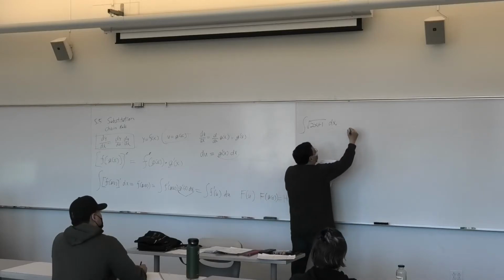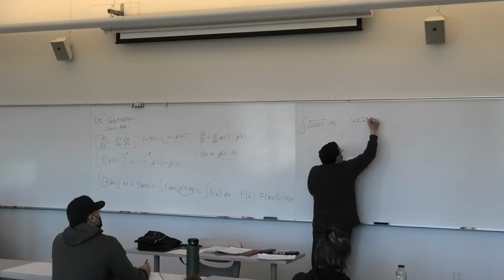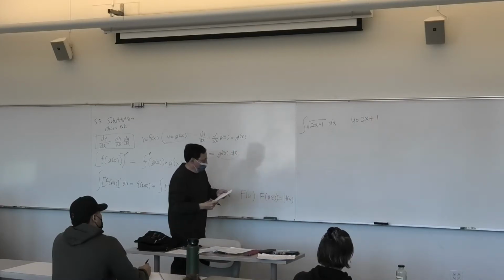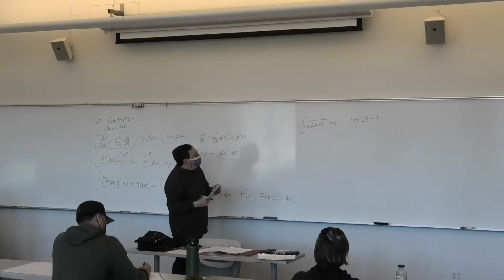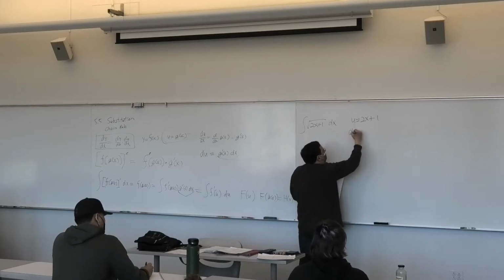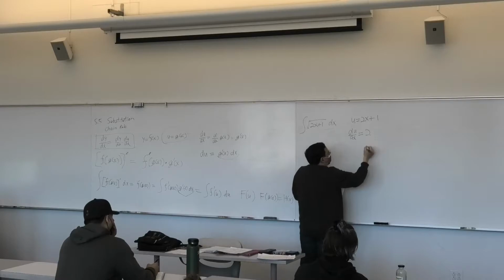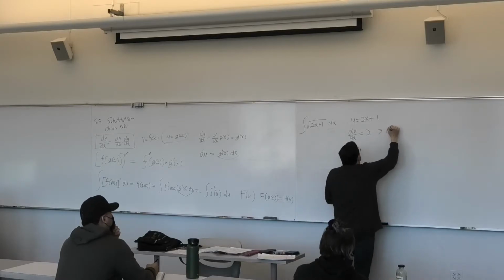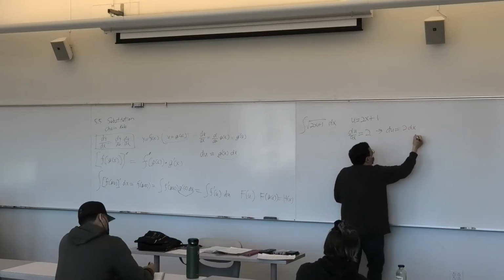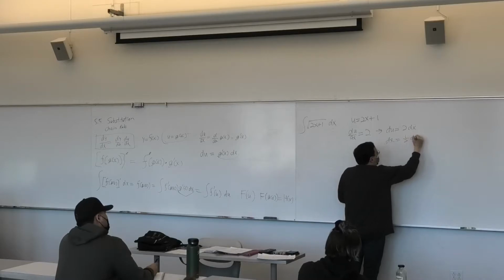Well, an obvious choice might be, let's set u equal to 2x plus 1. Now we're going to need du/dx. Well, that's just 2. Again, we can write du equals 2 dx, or dx equals 1/2 du.